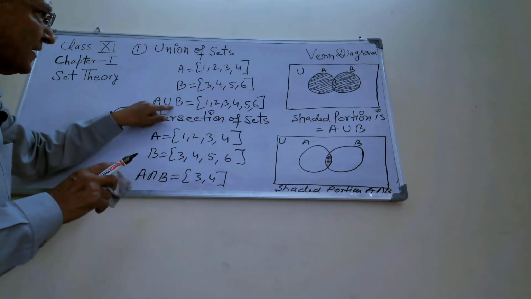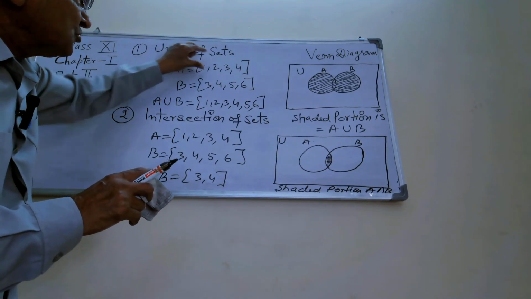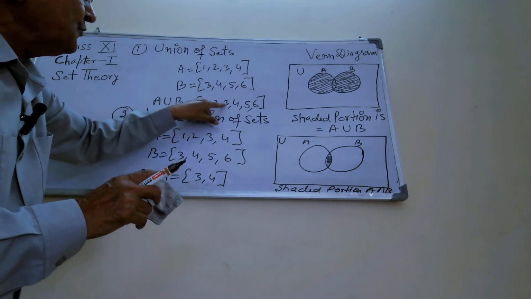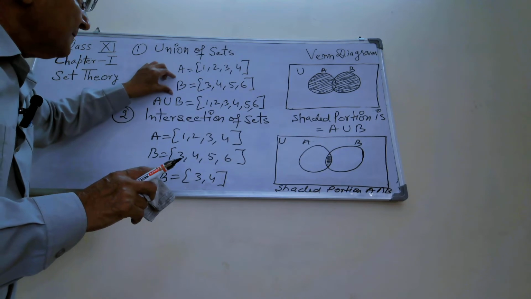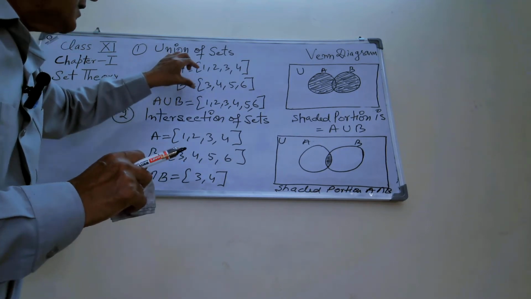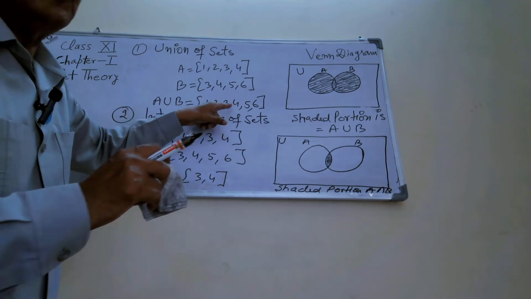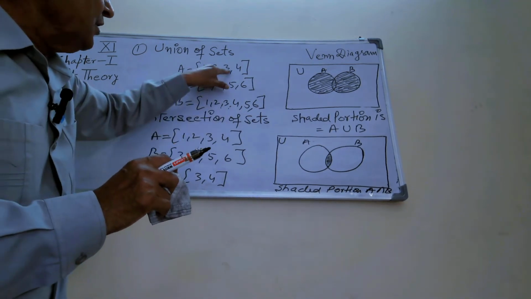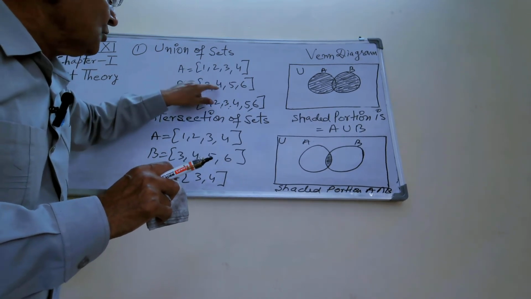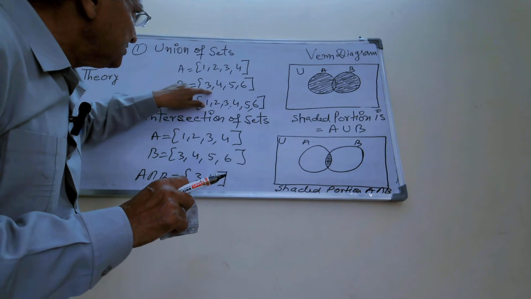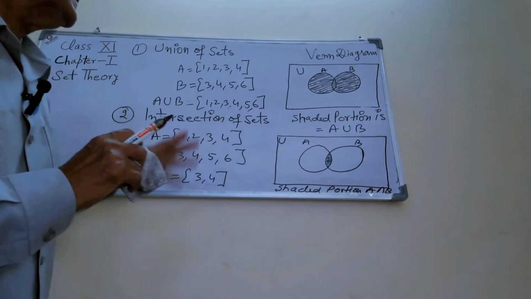Now if you find out the union of A and B, you have to take all the elements of A, 1, 2, 3, 4, and the elements of B which are already written in A union B, we have to leave. 3, 4 are already in A, so we have to leave these two elements 3, 4 and write down 5, 6.